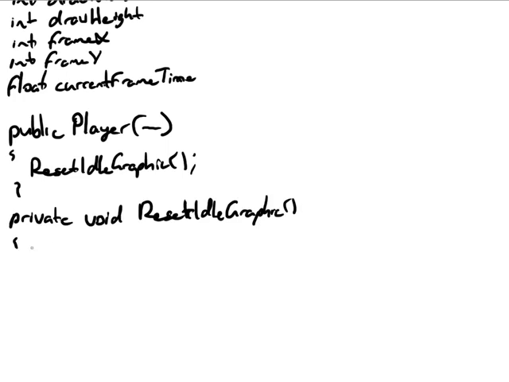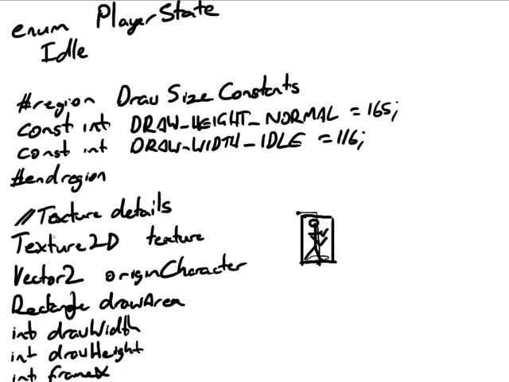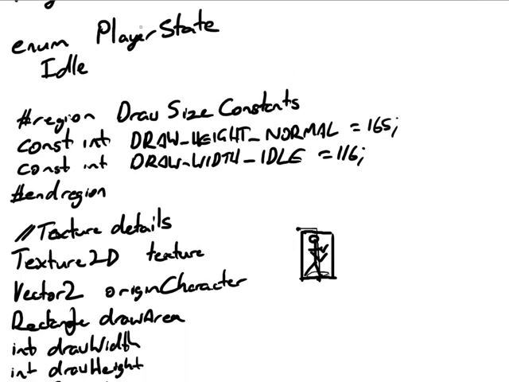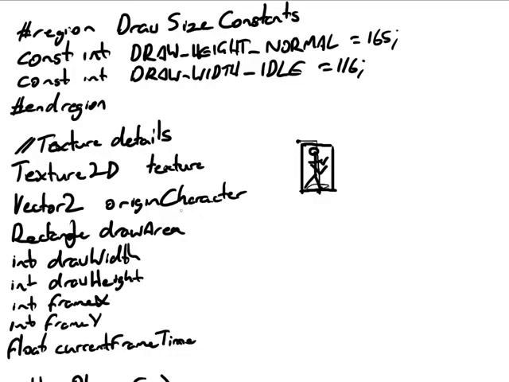What this does is reset all of these values here, our player state and our texture details. Good point there, in player state, I never put in a reference to us taking care of it. So let's put one more in. Public static, whoops, not capital, player state, which we're just going to call state.